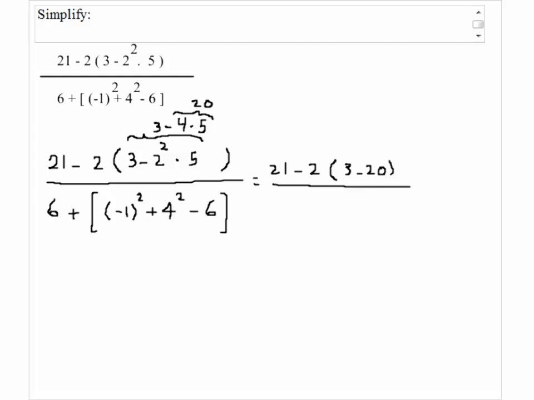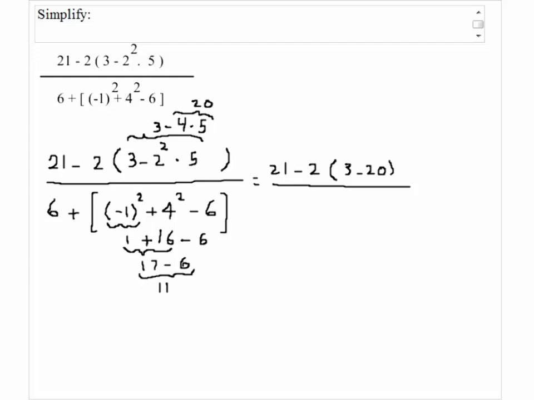And at the bottom of the fraction, I would have negative 1 squared would be positive 1. That would be just 1. Plus 4 squared would be 16. 4 times 4 is 16 minus 6. So from left to right, I have 1 plus 16, which would be 17, minus 6, which is equal to 11.